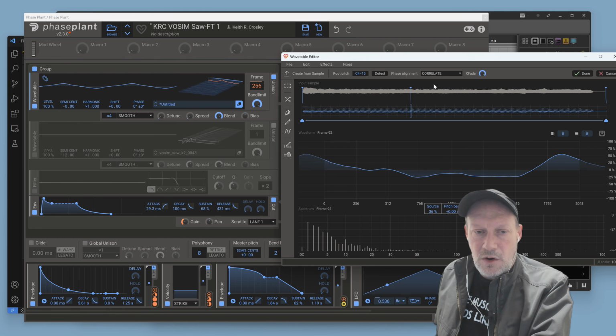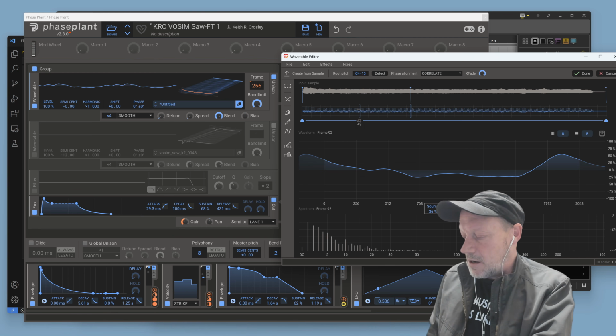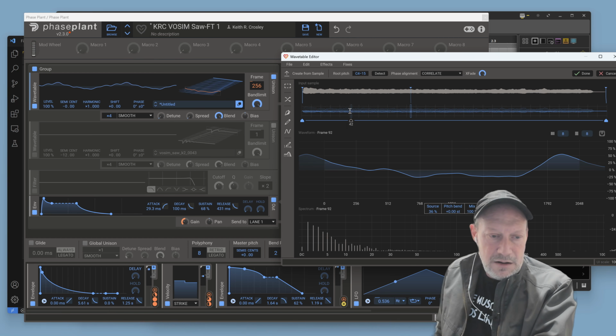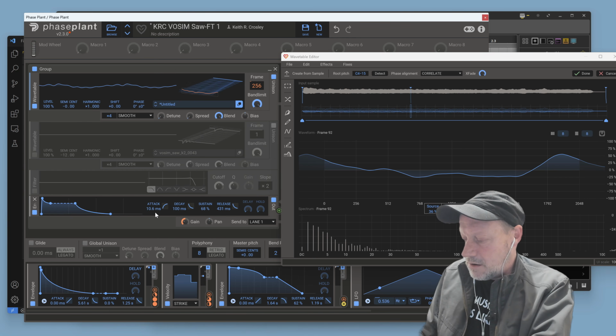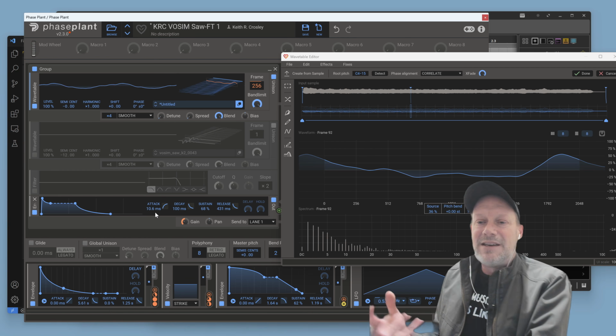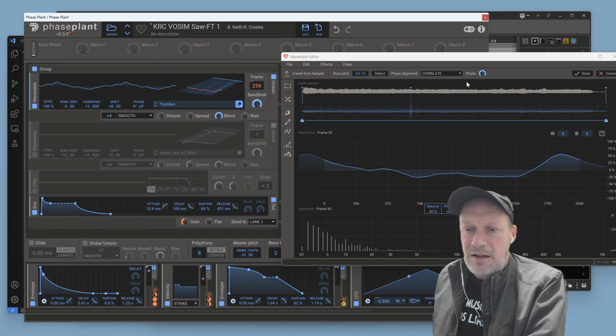Let's do correlate, which I believe, yeah, it looks like it correlates the phases of the individual extracted cycles much better. And okay, we're starting to get a trumpet now. My attack might be a little too slow. So, we're essentially extracting the core timbre of this file.